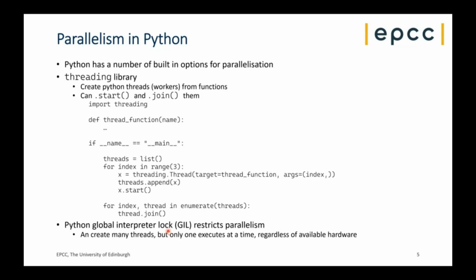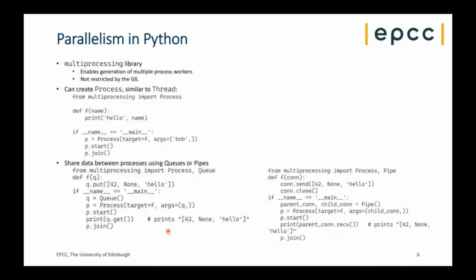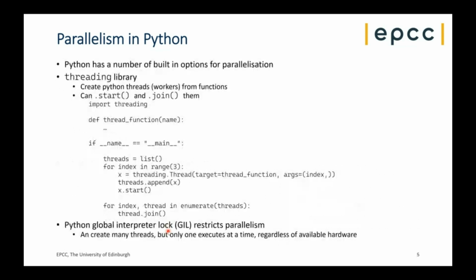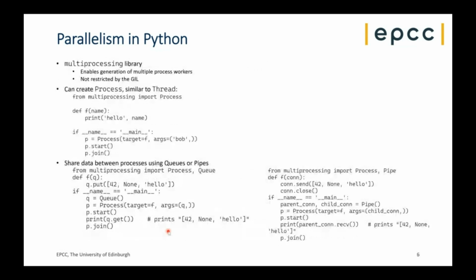It's because some kinds of programming are more efficiently done with threads, things you're waiting to happen in the background, such as waiting for data to come from somewhere, or waiting for some interrupt from a user, and that's more efficiently programmed with a thread. So Python is restricted in that sense: you can't easily create lots of workers to work in parallel using that method and get any performance benefit.